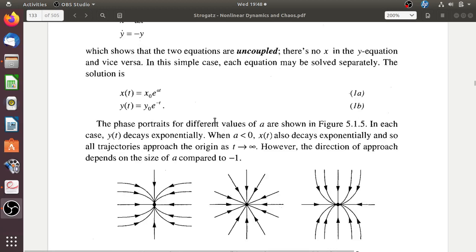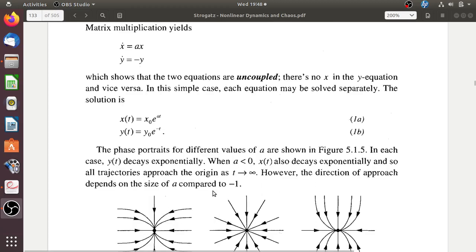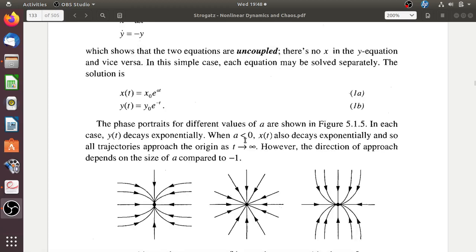So in order to make this picture, what we have considered is just this A value and minus 1 value, which means just the eigenvalues. Just with eigenvalues we were able to understand how the system is going to behave.